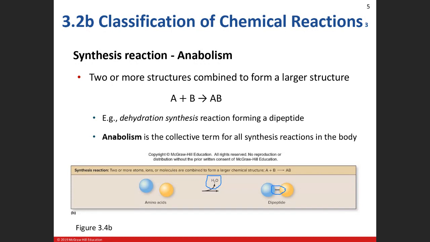When we're talking about classification of these chemical reactions, we're basing that classification on the items that are included in the chemical structure. So let's jump into a topic that we talked about way back in chapter 2: macromolecules.